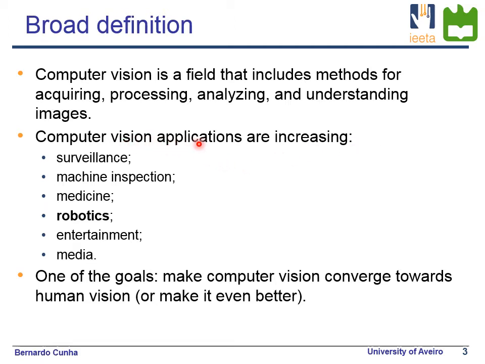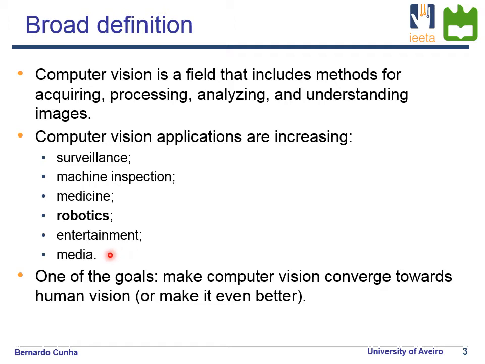Looking again into vision applications, we could, for instance, talk about surveillance, we can talk about machine inspection, we can talk about medicine, of course, robotics. It can either be mobile robotics or non-mobile robotics, entertainment, of course, media, and so on and so on.